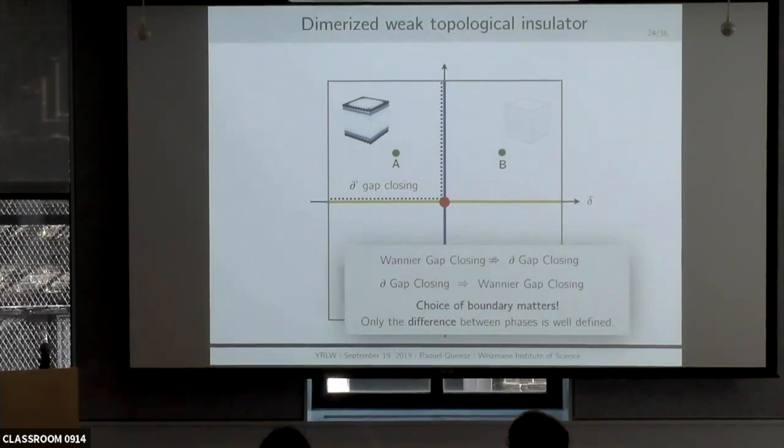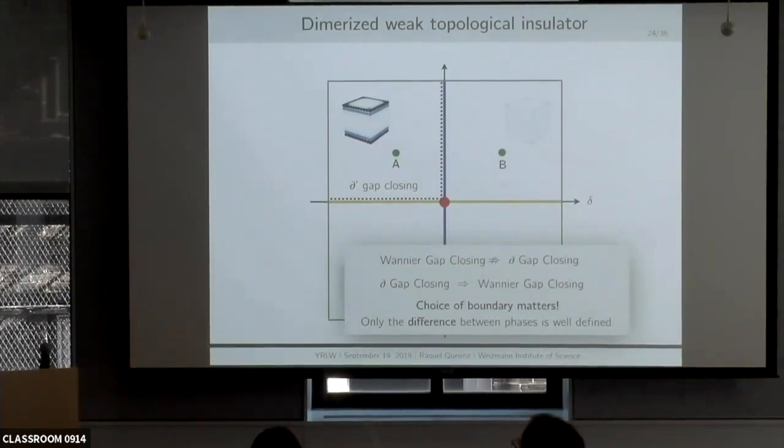And that ambiguity comes because the surface spectrum is in fact an unbounded spectrum, while a Wannier spectrum is a periodic spectrum. They cannot be exactly the same thing. I could be happy to discuss any more about this correspondence a bit after.